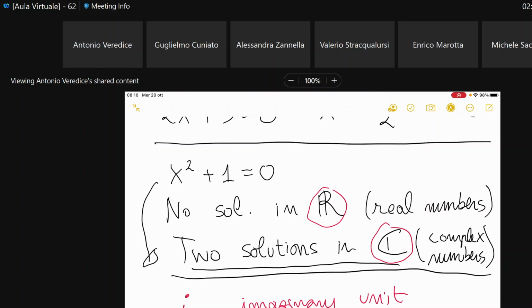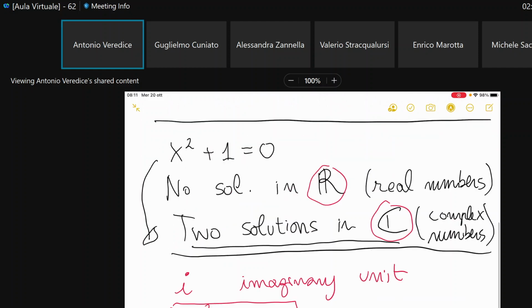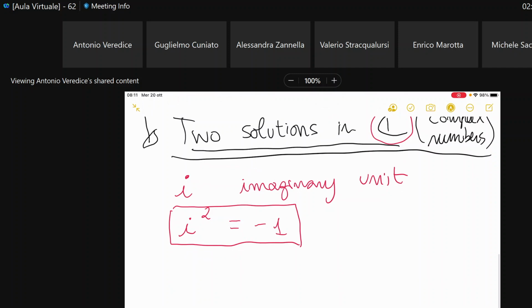Once you have this idea, you have all the complex numbers. So we add to real numbers a unit, a number I, such that I squared is equal to -1. Once you have this imaginary unit, you can solve also equations like x squared plus 1 equals 0. Because since I squared is -1, I can be a solution of this equation.